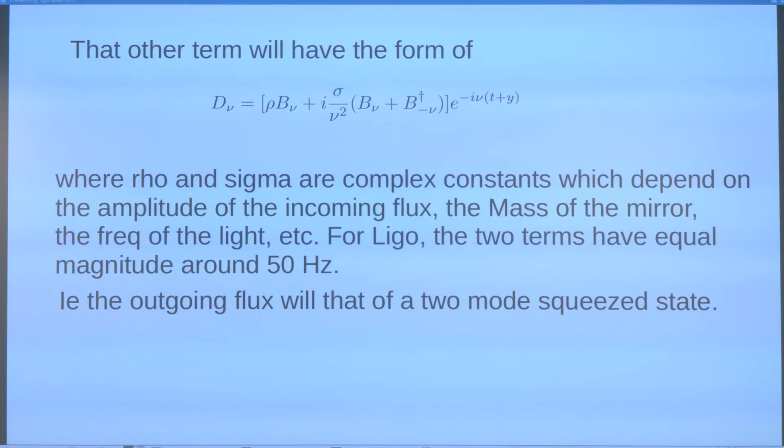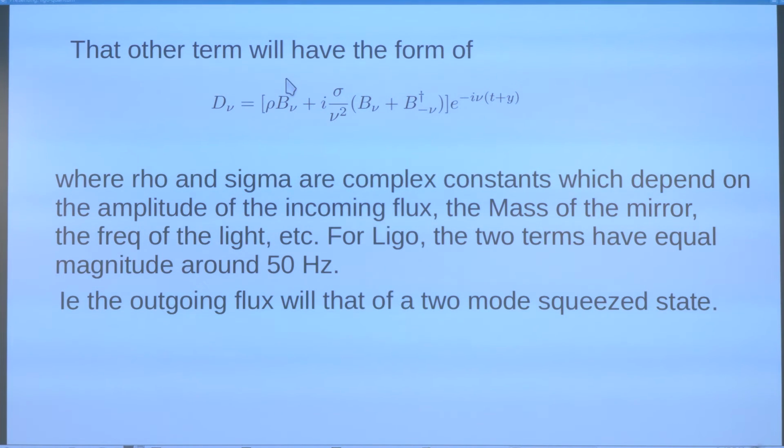So this whole system acts like an amplifier for the noise coming in, and in particular, it produces noise. It basically amplifies the quantum fluctuations of the signal coming in, both at frequency nu above the central frequency and frequency minus nu below the central frequency. You get excess noise produced by this.